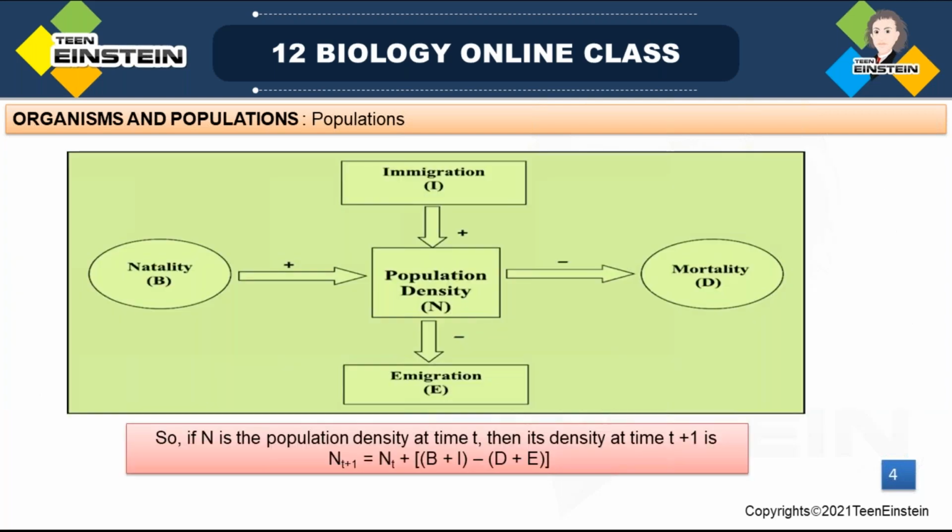So here in this equation, N t plus 1 is equal to N t plus B plus I minus D plus E. So from this, the density of a population N at the time t can be expressed after a period of t plus 1.